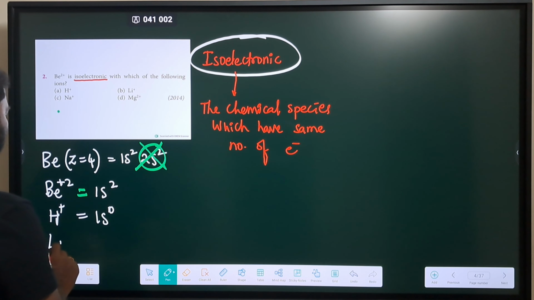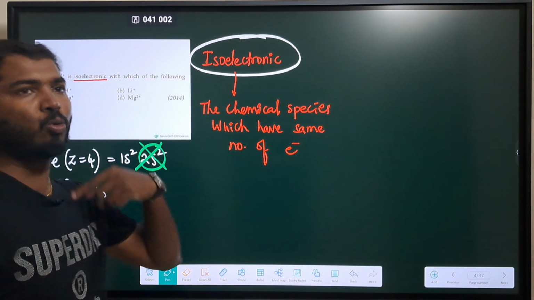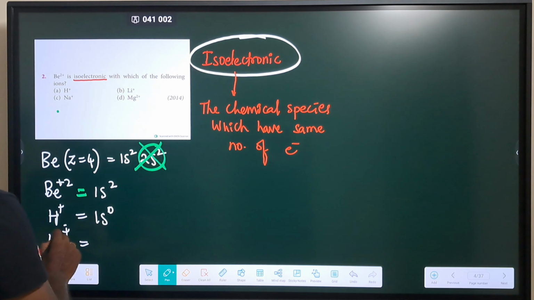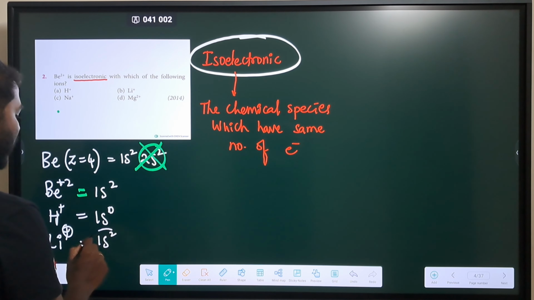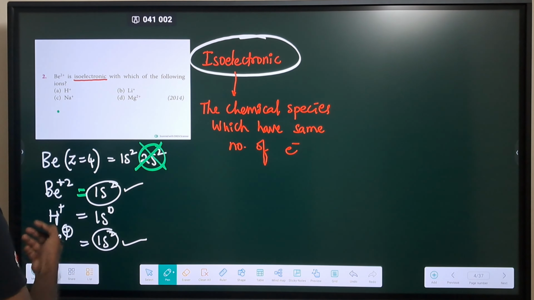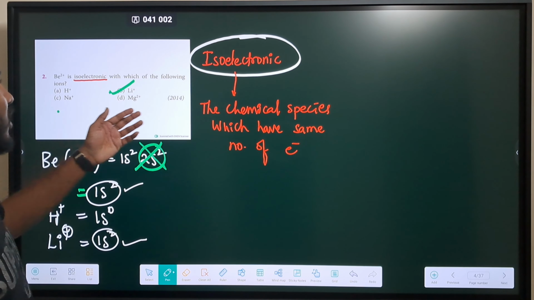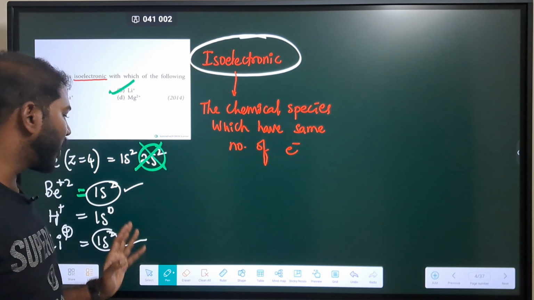Next, if we move to lithium plus, lithium is 1s2 2s1, उसका atomic number 3 है. What is the meaning of plus 1 charge? It has lost 1 electron, so it will give us 1s2. So this will be the answer. Beryllium plus 2 में 1s2 है और lithium plus में भी 1s2 है, so that will be the answer. You can check the remaining 2 also. You are not going to get this particular condition.